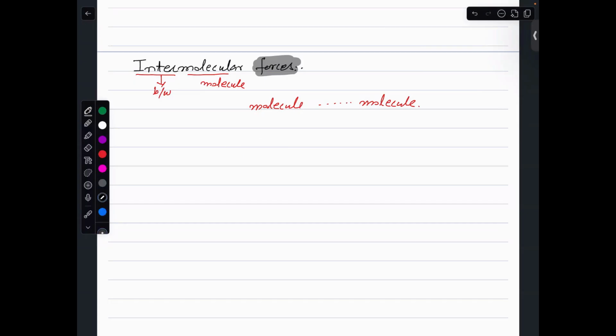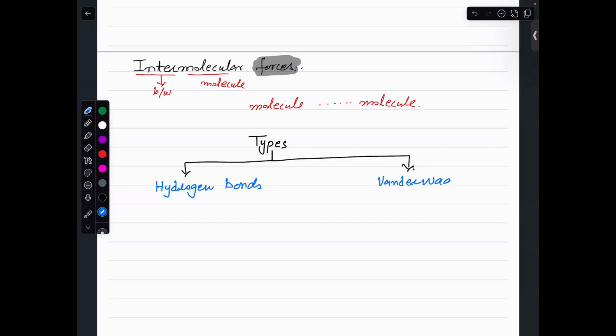They are hydrogen bonds and van der Waals forces. Van der Waals forces again are of two types.